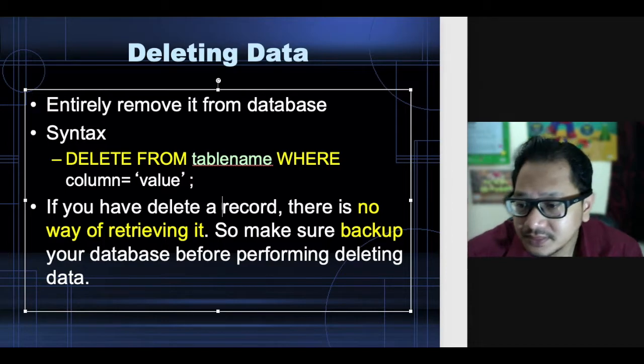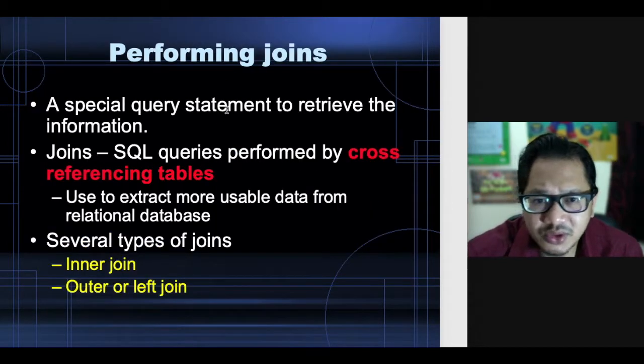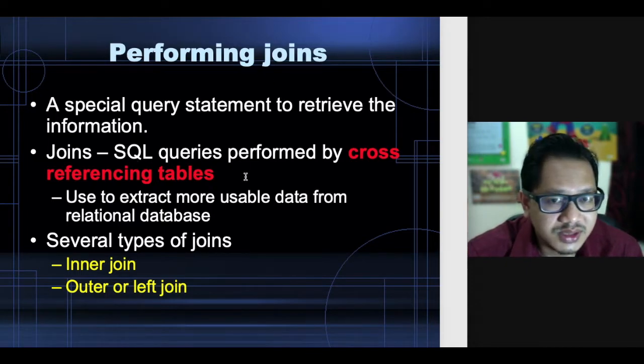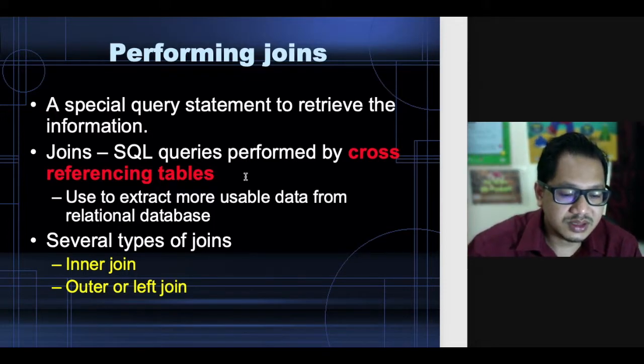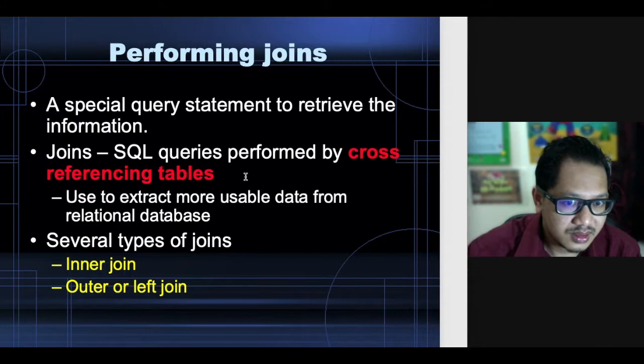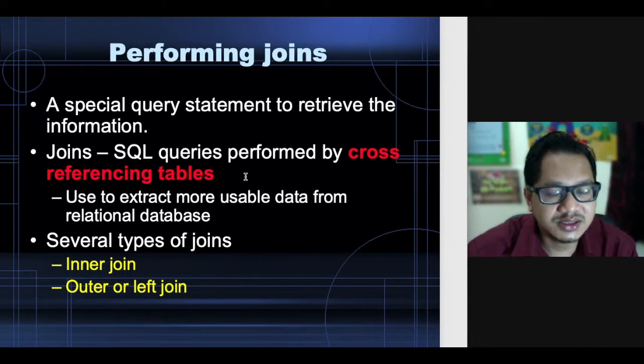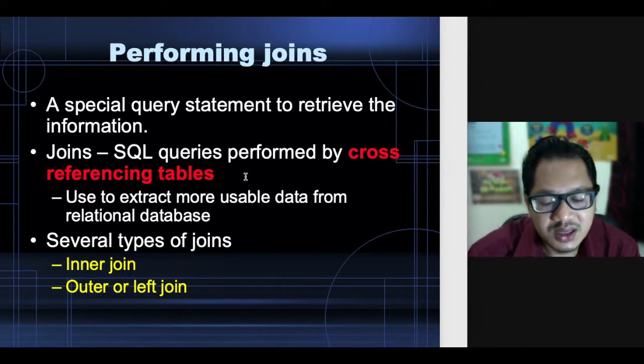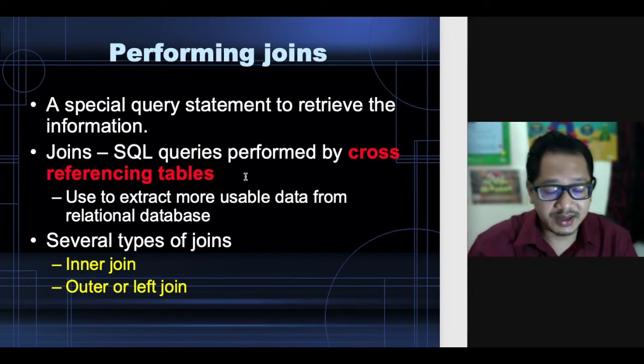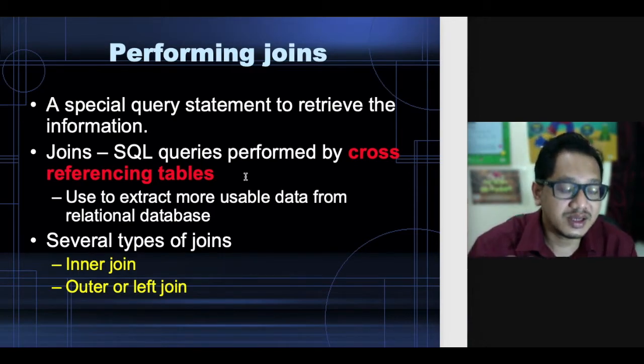And then performing join. Why are you using join? Actually, macam kita ada banyak tables, and those tables are related. Contohnya macam ada customer dia make order dalam table lain, customer punya profile dalam table lain.